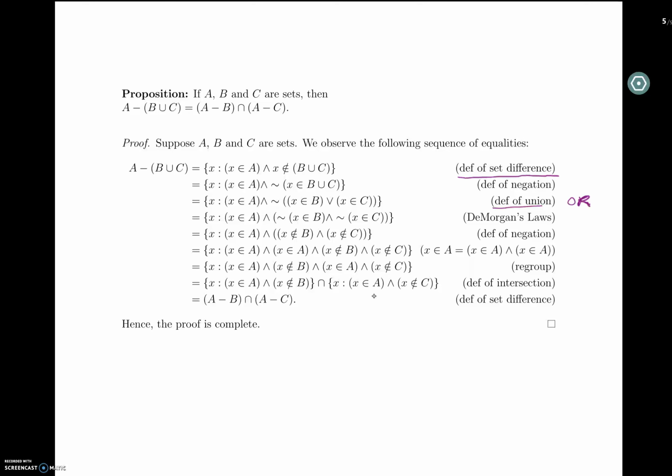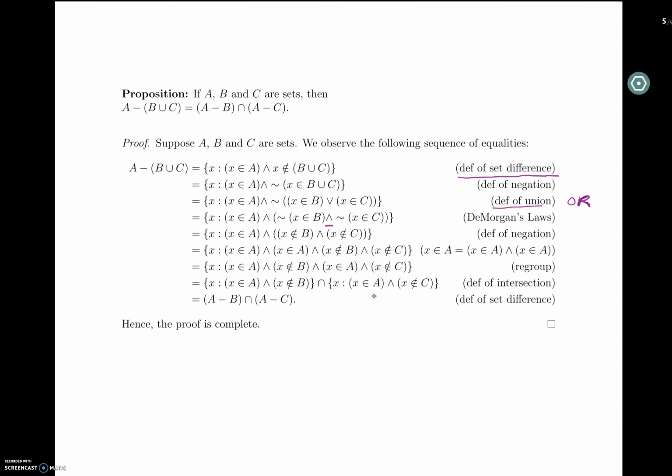And make sure that you keep enough parentheses and that they're all paired up throughout this process. Then we use De Morgan's laws to distribute the negation across the or, which in turn changes it to an and.